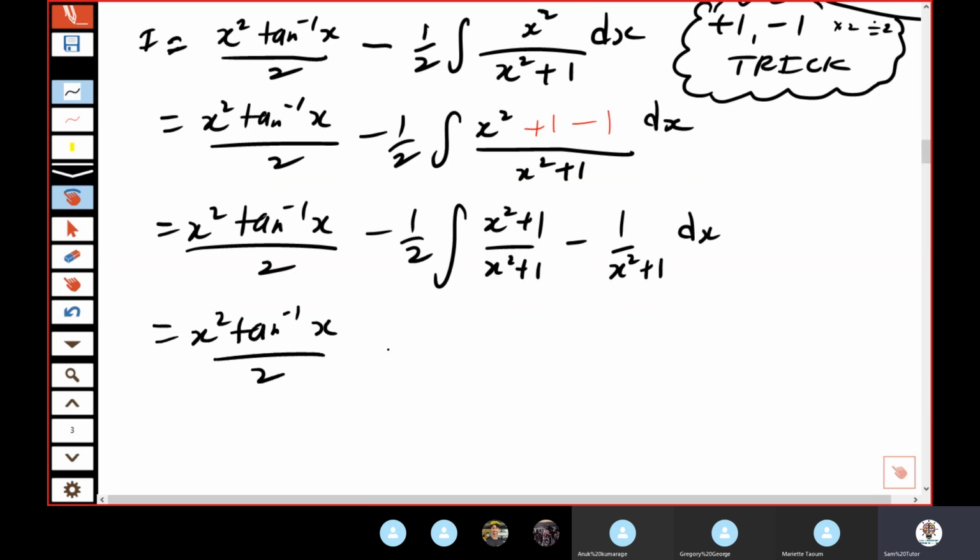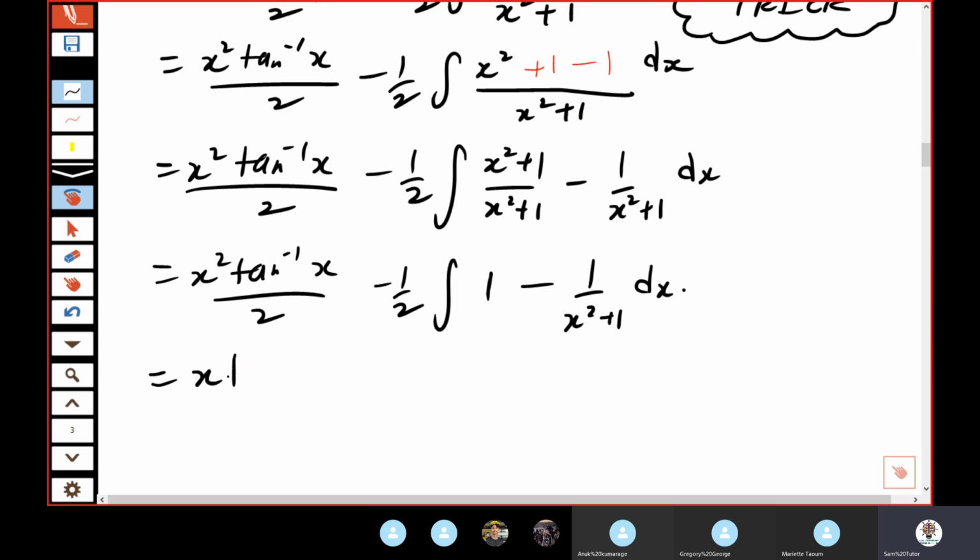Rewrite that all again. Minus a half. Okay, what's x squared plus 1 on x squared plus 1? 1. Minus 1 on x squared plus 1. And I think now we can actually integrate. So watch this. All of that on 2 minus half. All right, what's the integral of 1?